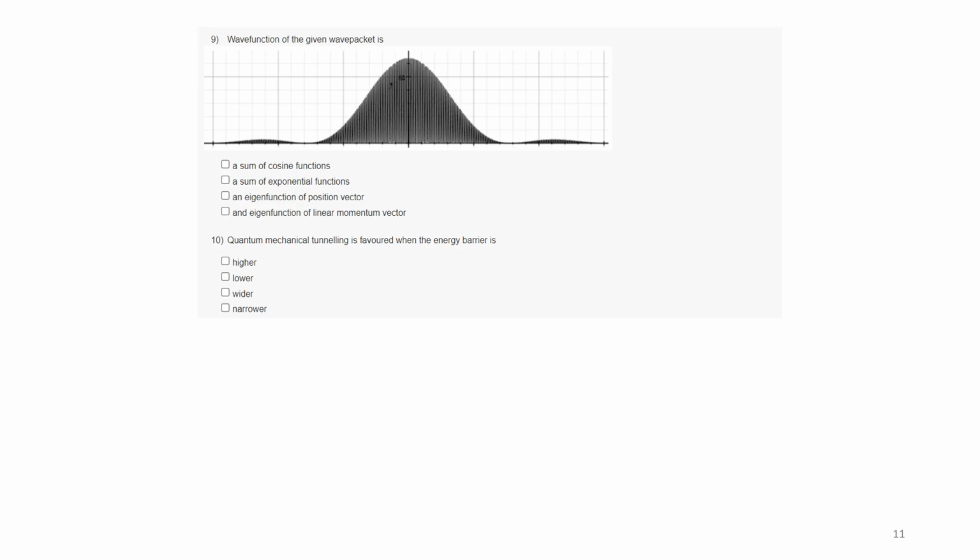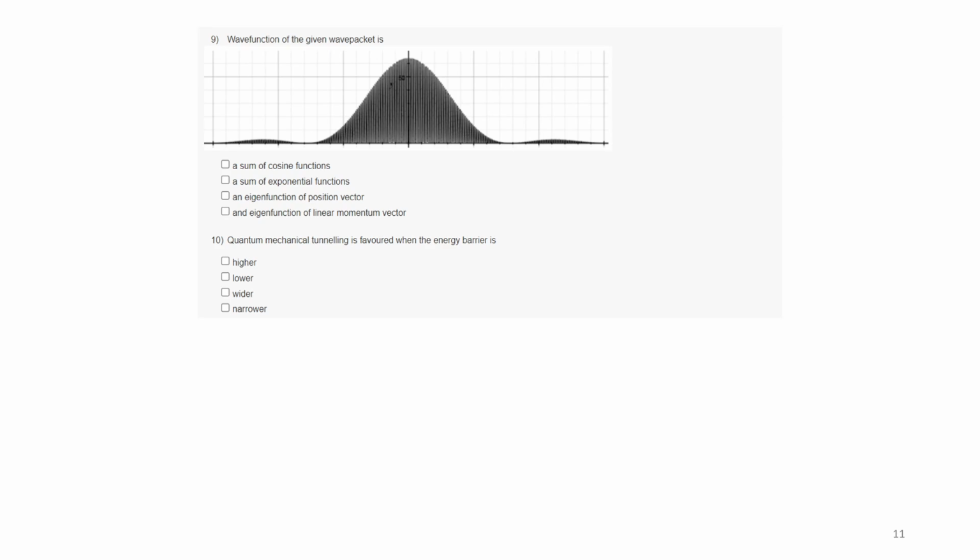So the last question is: quantum mechanical tunneling is favored when the energy barrier is what? I don't remember the equation, but I know the answer says it should be higher and narrower. If you just think of a wall, forget the equations. What should the mass be, higher or lower, for better tunneling?